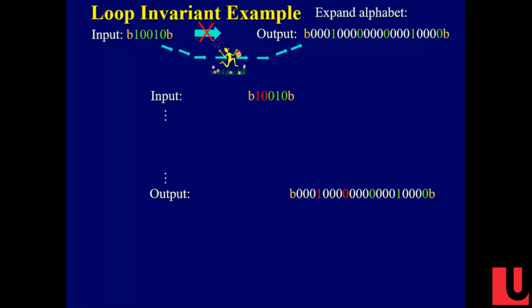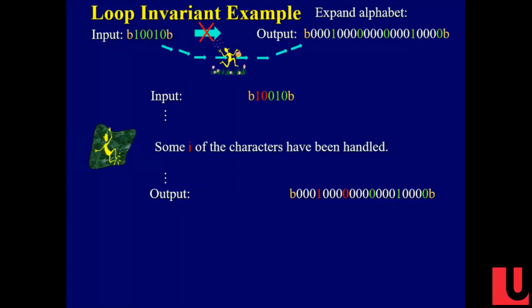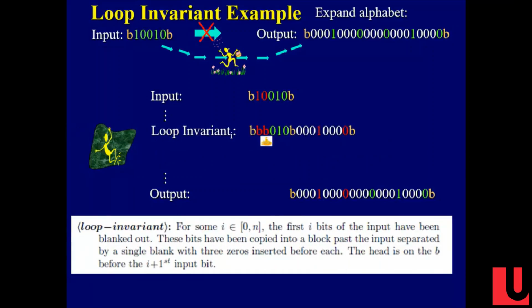Suppose I've iterated twice. What do I want things to look like when I've iterated twice? Right? I is some number of characters handled, and that's my loop invariant. My loop invariant is going to say there's some I between 0 and n. Here's a question. Does the Turing machine, does the finite state automata know the value of I?